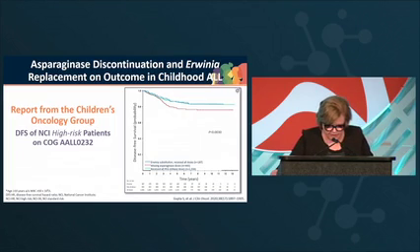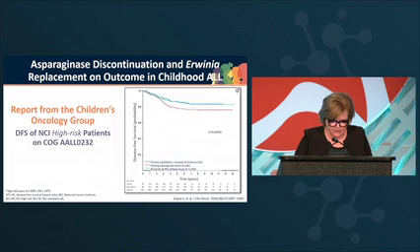You can see that the patients that were missing asparaginase doses had a much lower disease-free survival probability compared to those that received all their PEG or were substituted with Erwinia.